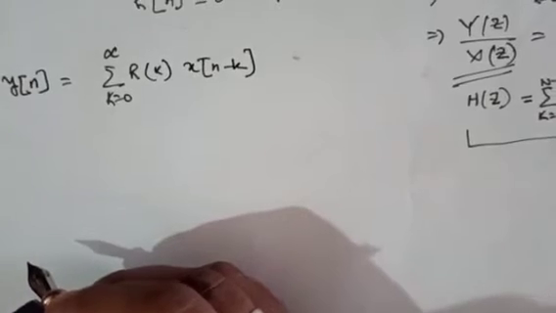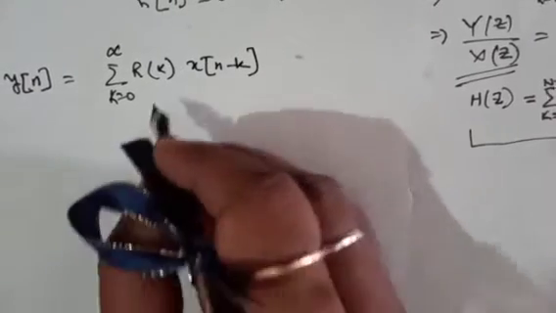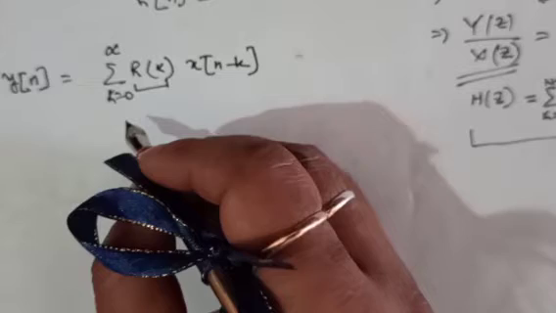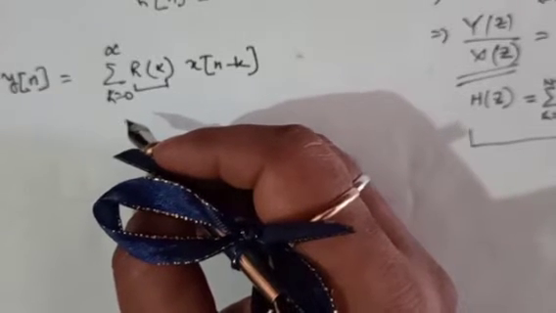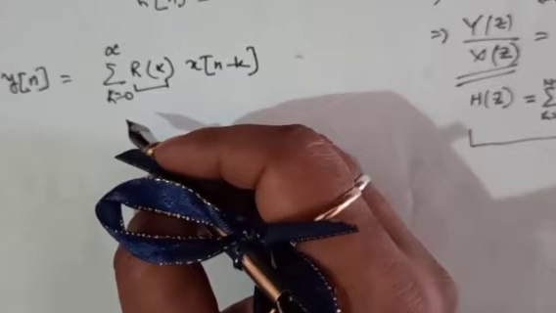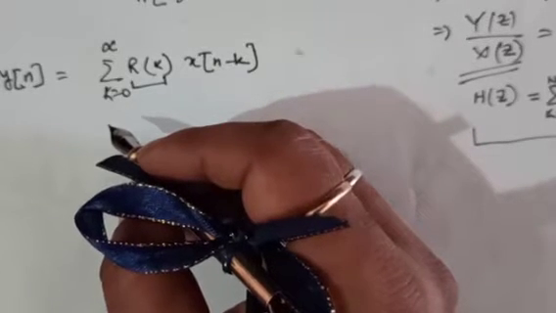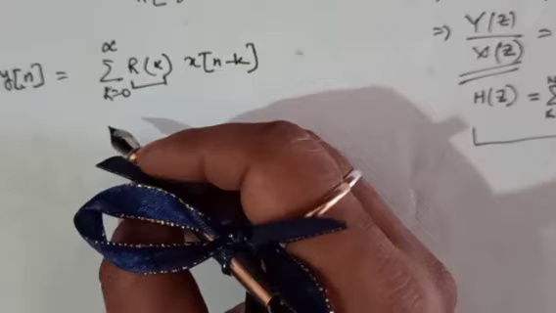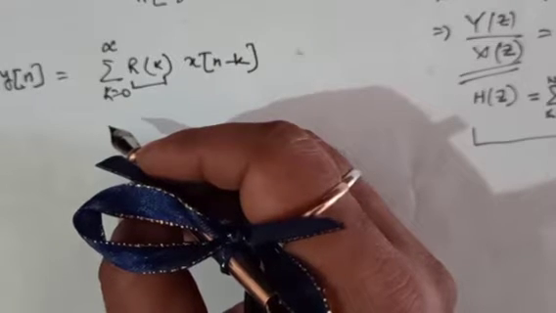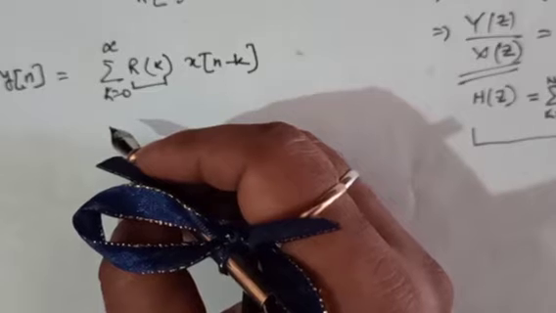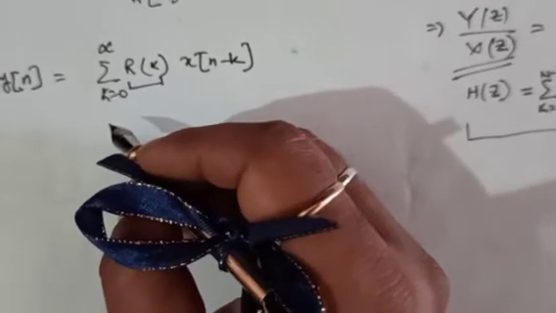In this case, the impulse response is infinite. The sequence h of n is of course 0 for n less than 0, but for positive n it is non-zero, from 0 to infinity.